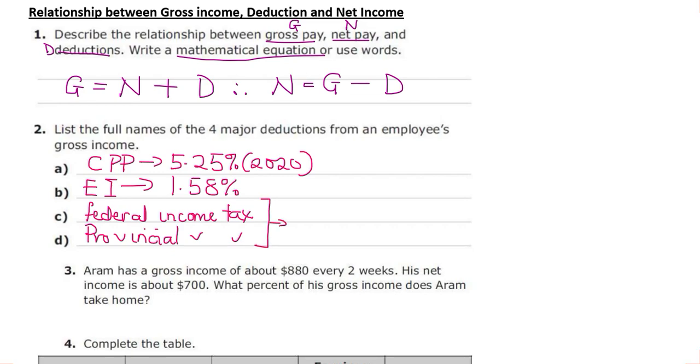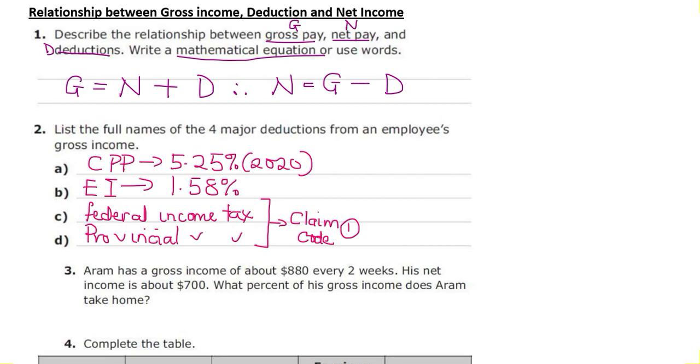For these 2, you usually look at the tax bracket that you are under. So if you make between, let's say, $200 and $300, then you look at the claim code column 1. Claim code column 1 tells you how much is taken away by the federal government and the provincial government.